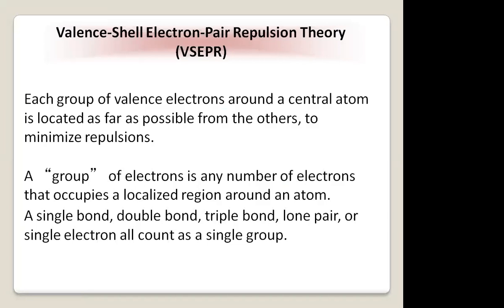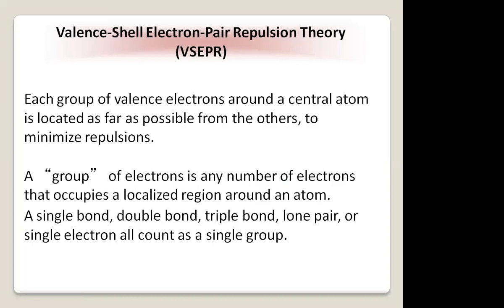So Valence-Shell electron-pair repulsion theory is used to explain the shape that a molecule will attain. Each group of valence electrons around the central atom is located as far as possible from each other so as to minimize repulsion.